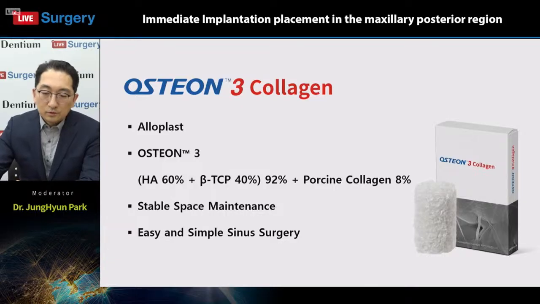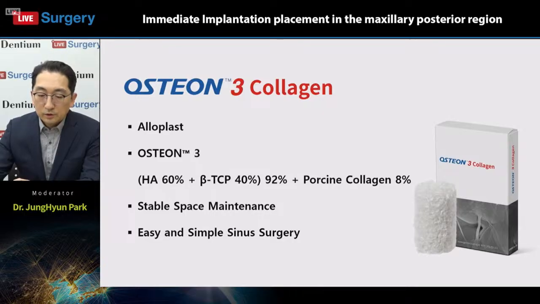And the bone graft material I will use today is osteointhric collagen. It is a synthetic bone material where 60% hydroxyapatite stably maintains the space and 40% beta-TCP promotes bone formation.